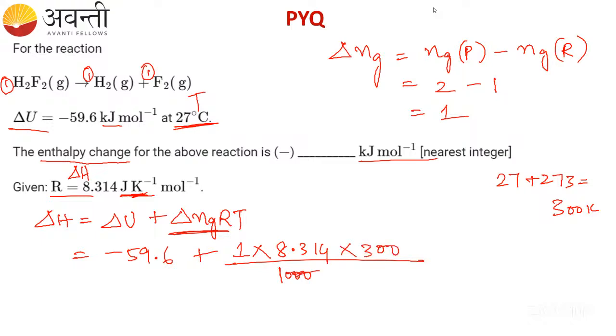So the zeros will get cancelled with each other, and if you add and divide all the things, you will get the delta H value as minus 57.10 kilojoule per mole as the final answer. So all of you please check whether you are getting this answer or not.